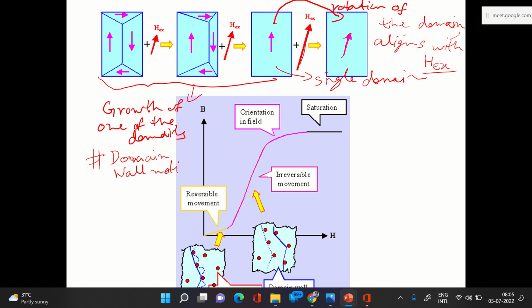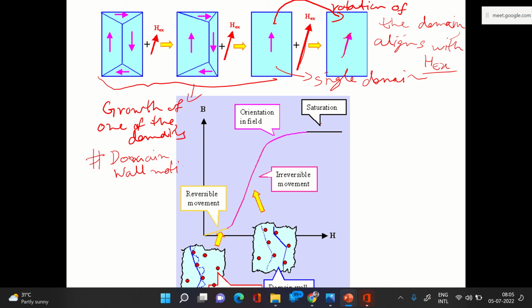Okay, so there are two modes. What have you observed so far? There are two things happening. The domain grows, there is motion of the domain wall, and then rotation of the domain. Motion of the wall, rotation of the domain. Okay, two things. So these events happen.